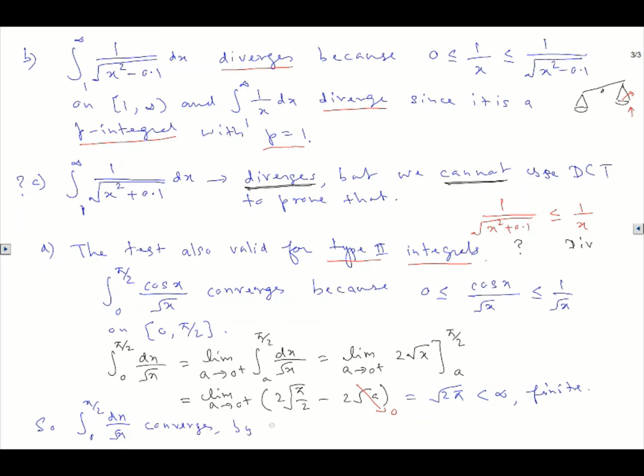So by the direct comparison test, the smaller integral, cosine x over square root x from 0 to pi over 2, converges. Because you compare two functions, but you look at the larger one, and you can see the larger one converges. So if the larger one converges, the smaller one has to converge.